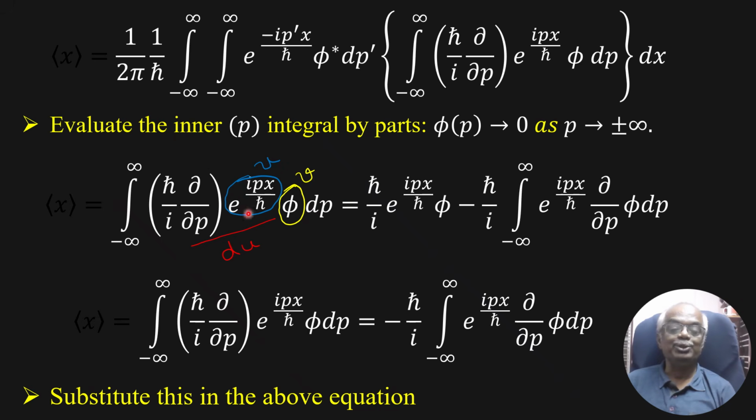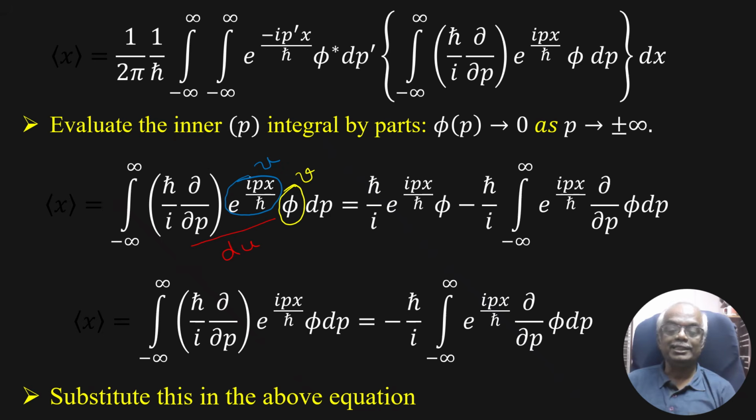So minus, u is this exponential term. Of course, we have the multiplicative factor h cross over i, and dv. v is pi, so delta over delta p of pi dp. We have to integrate over the momentum.